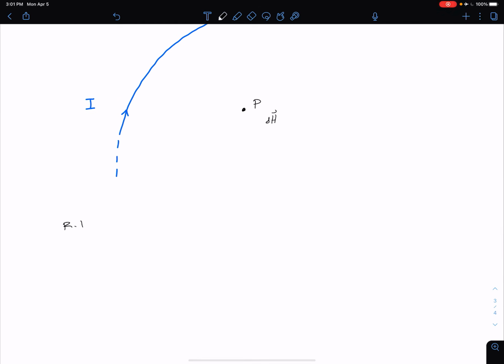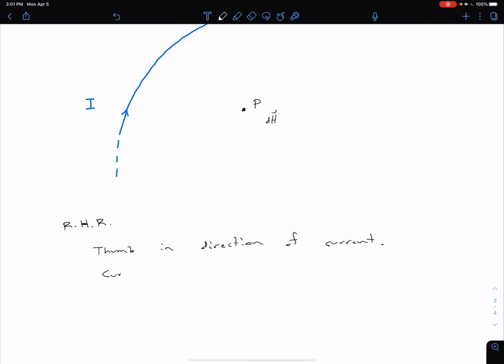For the right-hand rule, we place the thumb of our right hand in the direction of current.